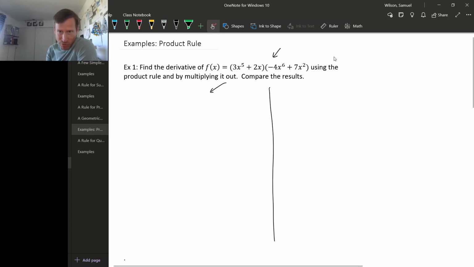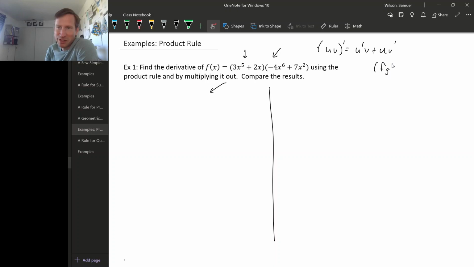So remember the product rule, there are lots of ways to write it, but one nice schematic way to write it is like this: (uv)' is u'v plus uv'.